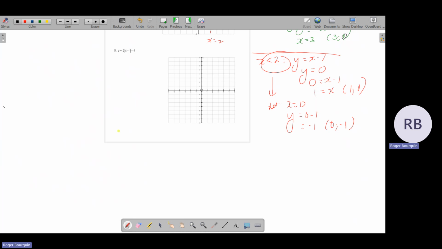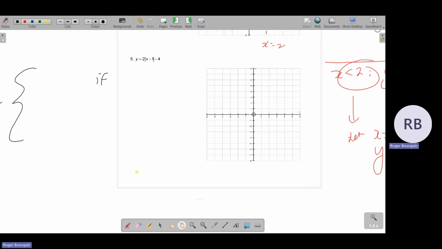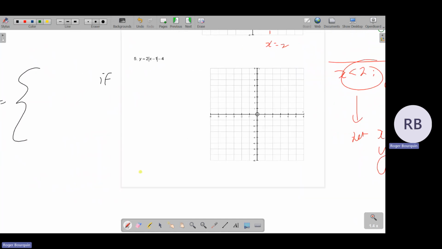Start with the definition. You're going to have y is equal to, split it up. You're going to have one situation when what's inside the absolute value, which is x minus 1, is bigger than or equal to zero.